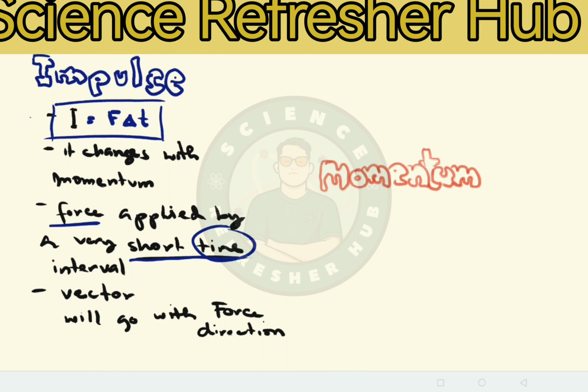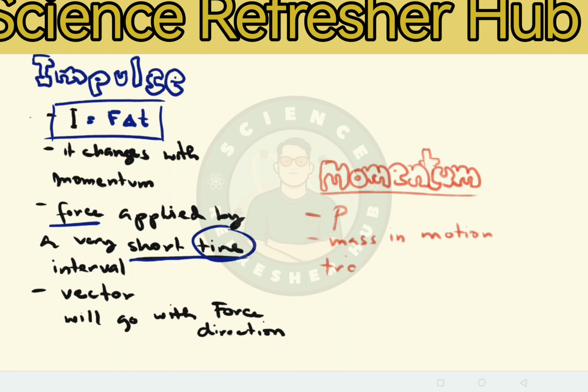Okay, so what about momentum? When we say momentum, we will be using the lowercase p to represent it. It's not rho, just lowercase p. It is described in most books as mass in motion. Anything that moves will have momentum.